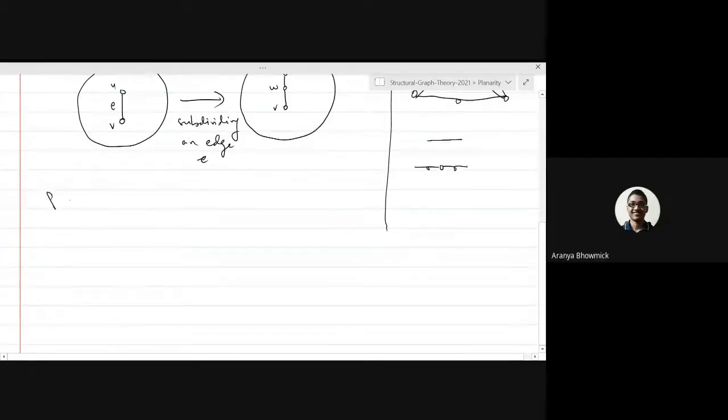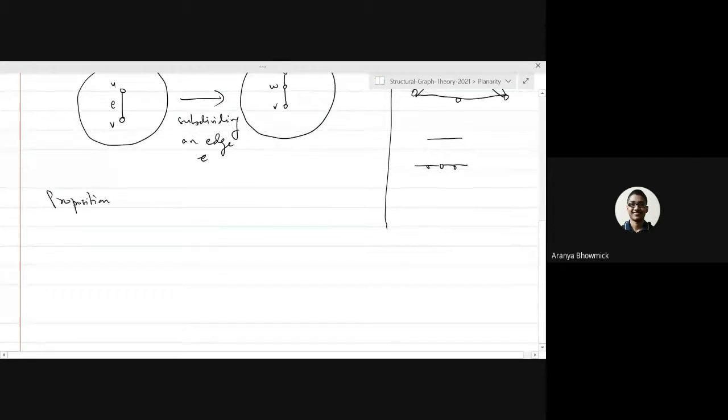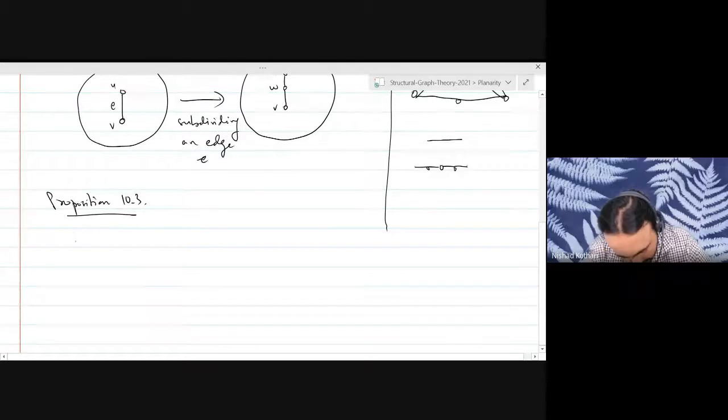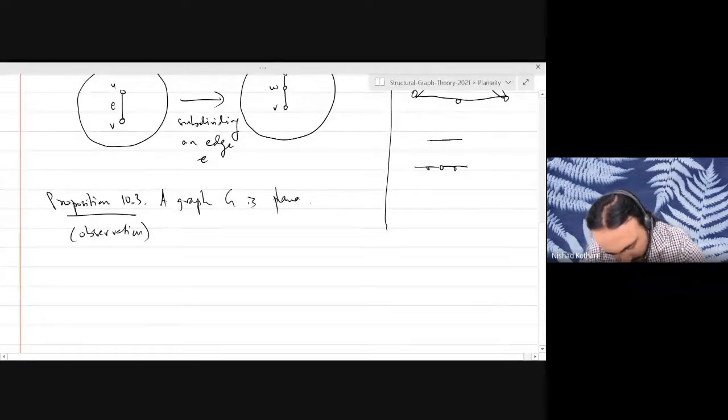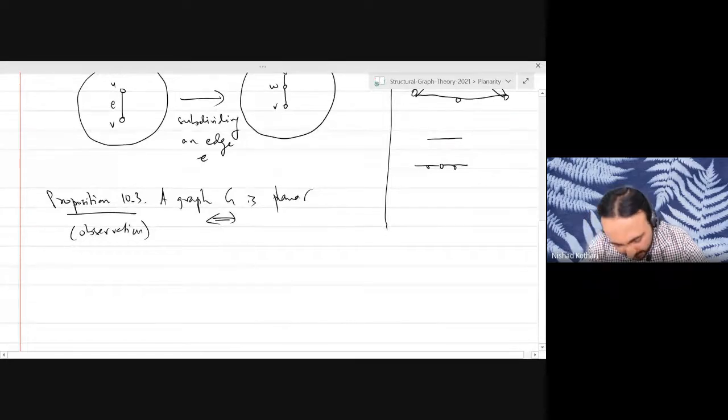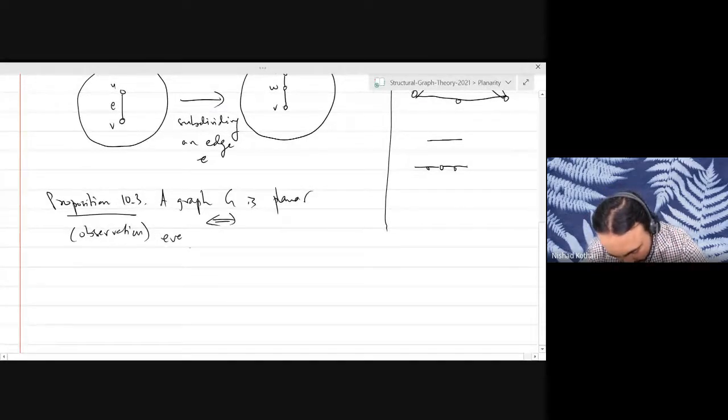Sir, I think you gave this problem in the do it yourself exercise. That's right. Yeah, for the last lecture. So a graph G is planar if and only if every subdivision of G is planar.